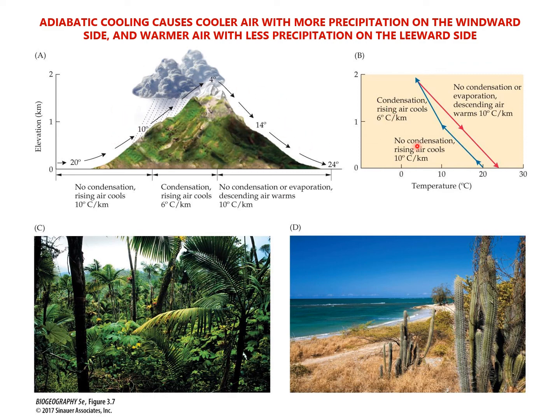And you can kind of see that graphical representation here, where it happens at different rates depending on how much moisture is in the air. So if you have no condensation, no evaporation, air tends to warm, however they're depicting this, at 10 degrees Celsius per kilometer.